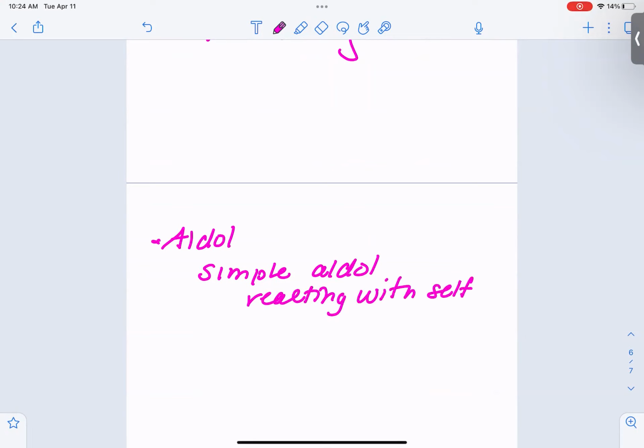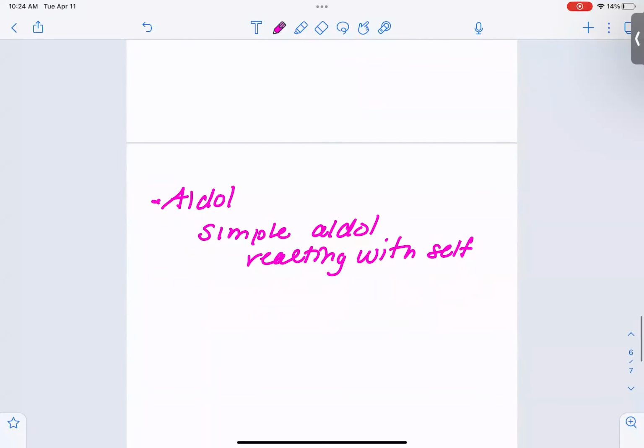And then remember, if you're reacting with yourself, if the example is something like this reacting with itself, the product will have more carbons.